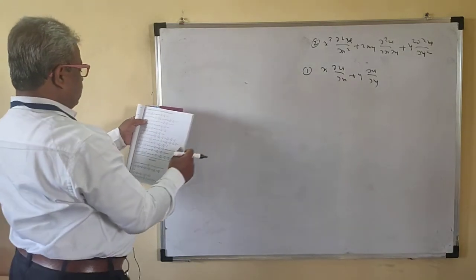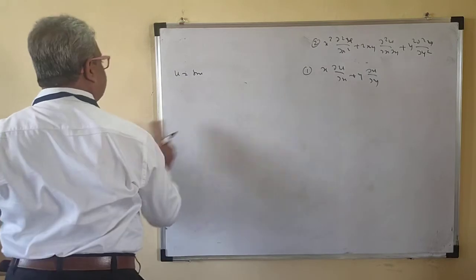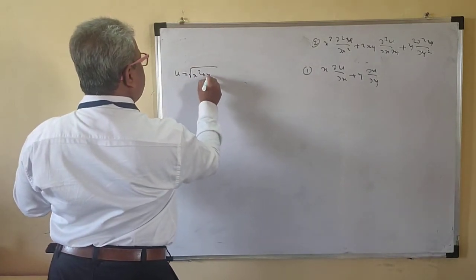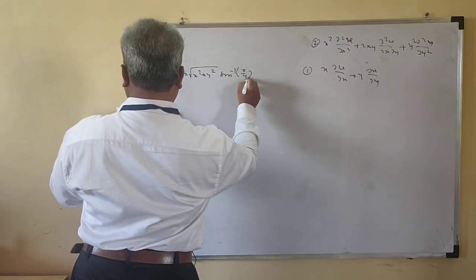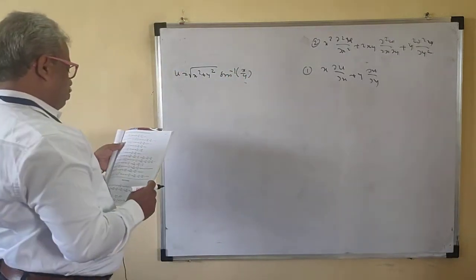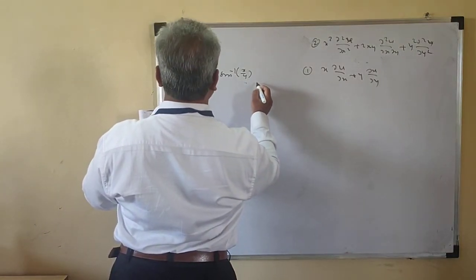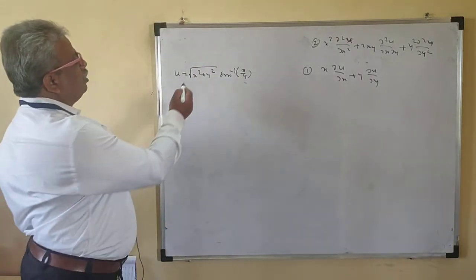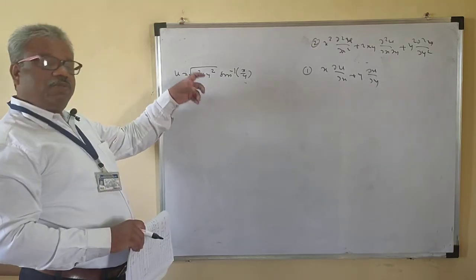So we'll take an example. u = root of (x² + y²) times sin⁻¹(x/y), plus something. Only this. What is this here? t² common you can take, but t² will be out then.